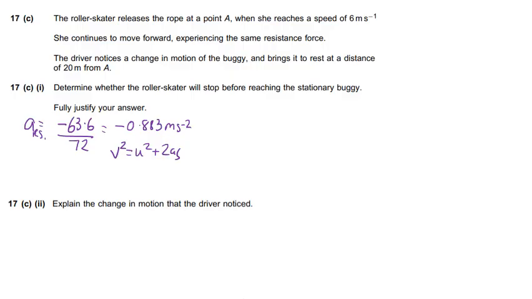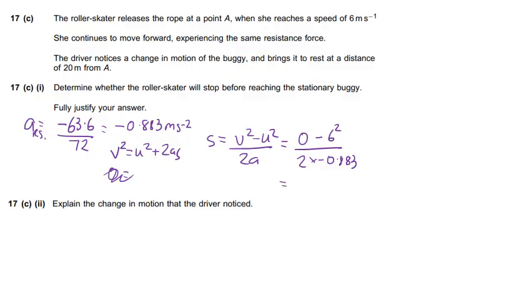we've got that the final speed is 0. The initial speed, well, let's rearrange this first. So s is equal to v squared minus u squared over 2a. So we've got 0 minus 6 squared divided by 2 times minus 0.883.